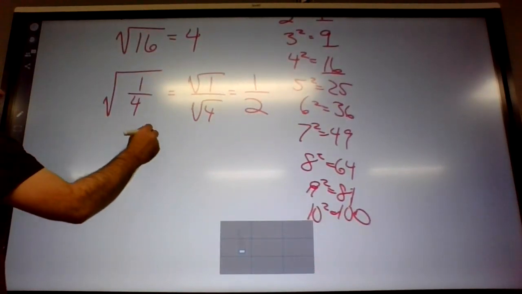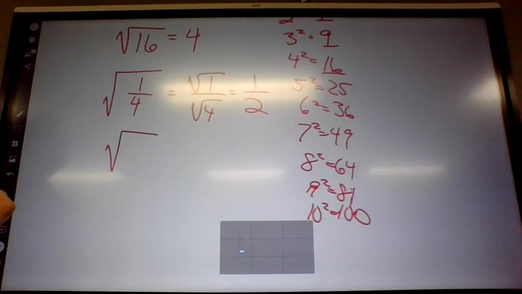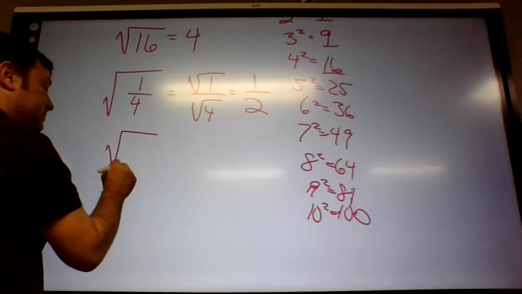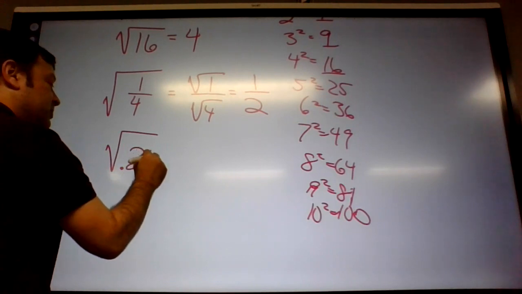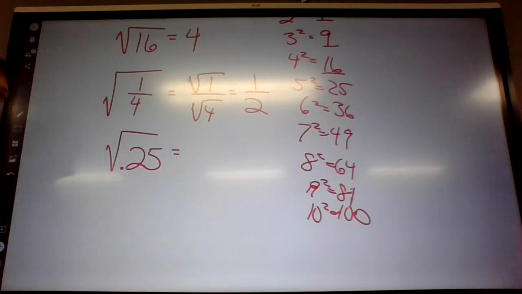How about the square root of this one? This one might fool us. 0.05?